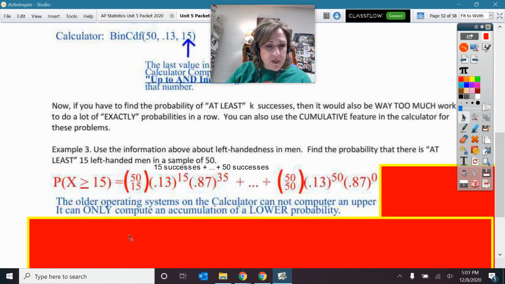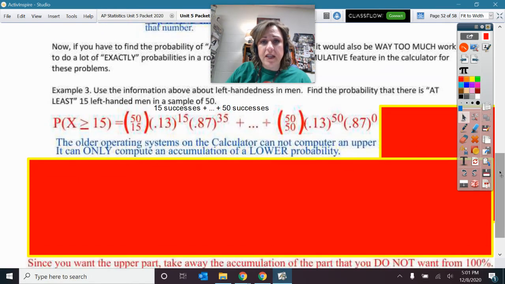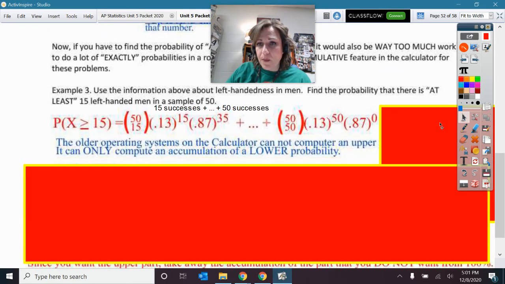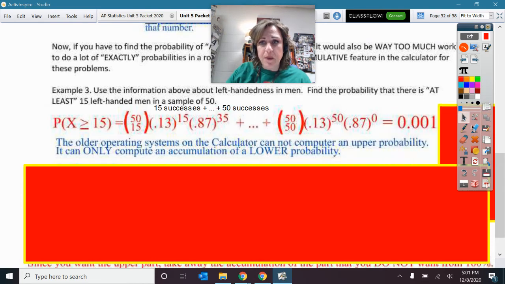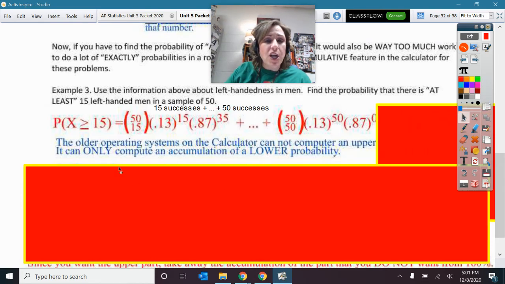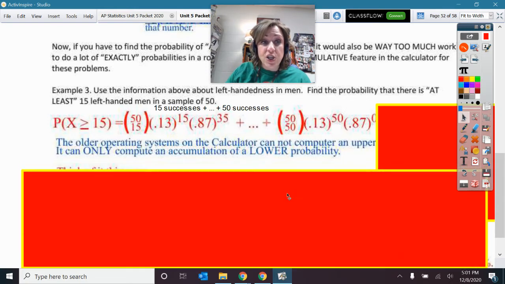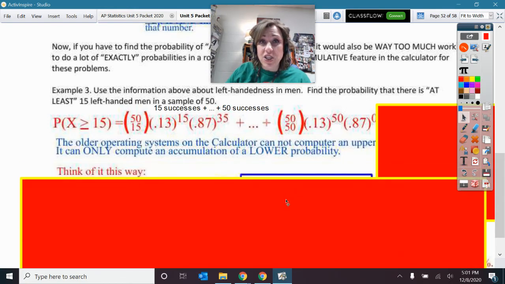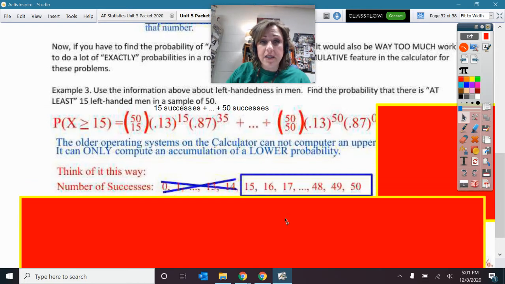Since the older operating systems on the calculator cannot compute the upper probability, they can only compute the accumulation of the lower probability. So we do this. We say to ourselves, what do we want?